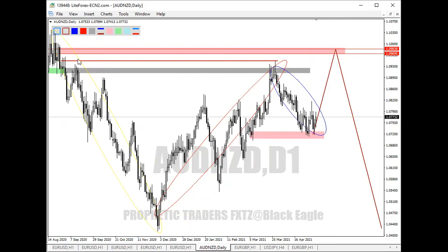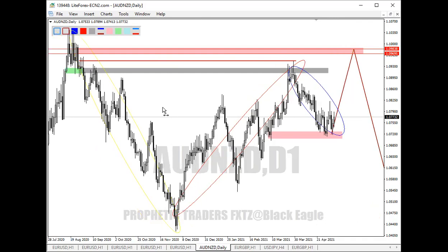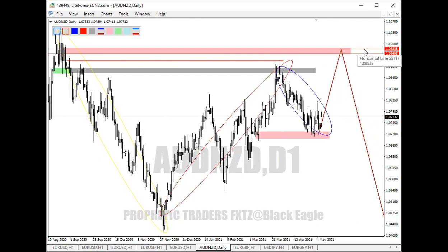This one has been engulfed. We call it a structure breaker. In an uptrend, price always respects the higher low and disrespects the higher high. That's why the higher high keeps breaking, but the lower low is respected. So we expect the price will move up to this area, then drop to this area. So this is why we expect AUDNZD.